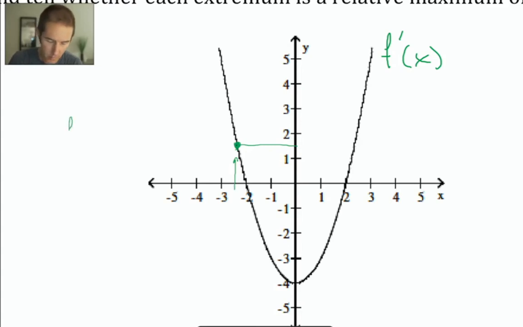Since f prime of negative 2.5 equals 1.5, which is greater than 0, I know that my original function is increasing at the point on the original function where x equals negative 2.5. One more time, because the slope of the tangent line there is positive, the function is increasing.